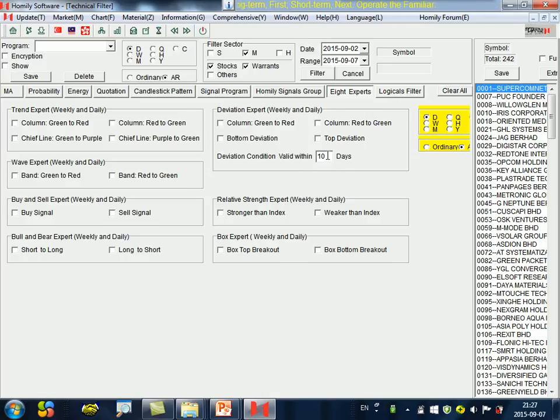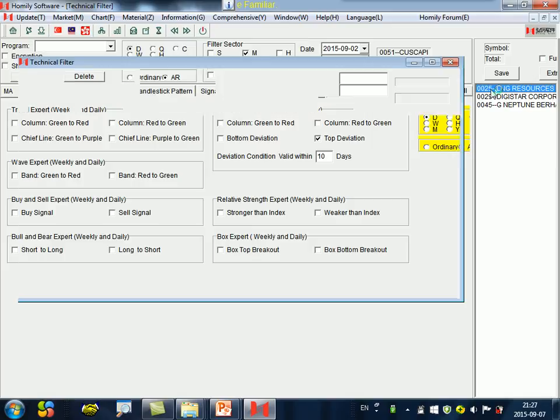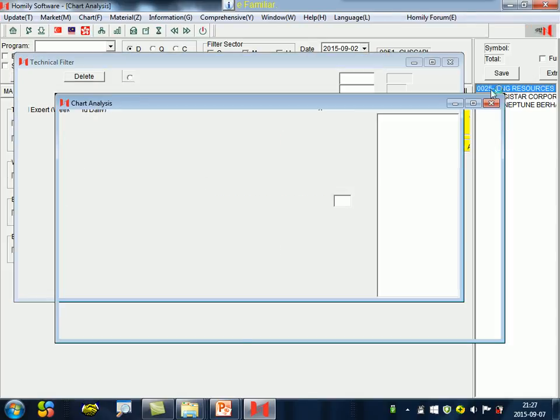If you want to sell short, you just click the column red, green, the sell short. And then top divergence, also you can use it to filter. And then the sell point. Money outflow.